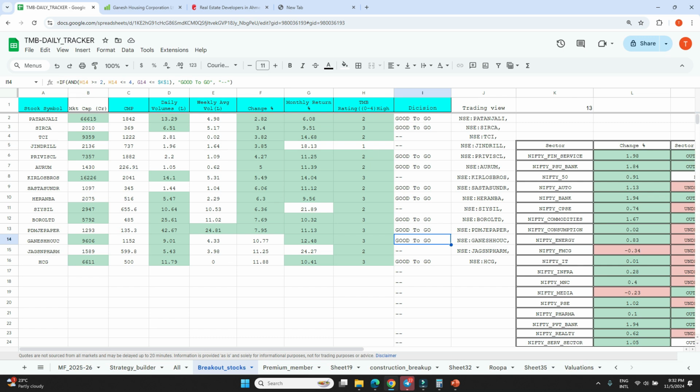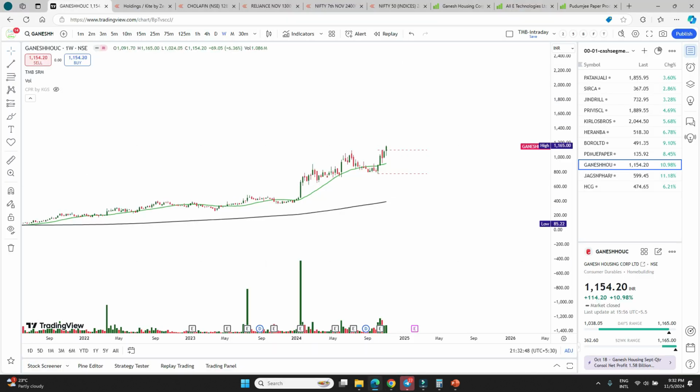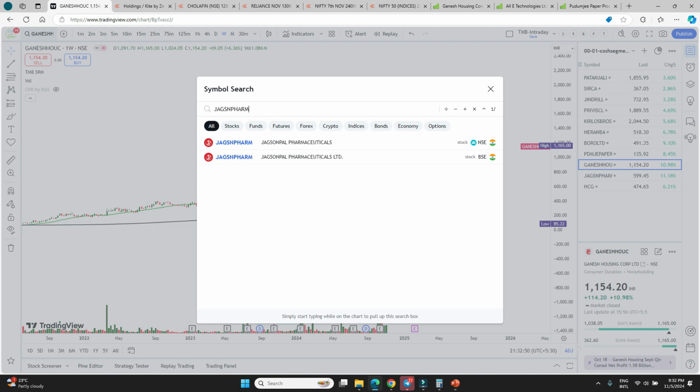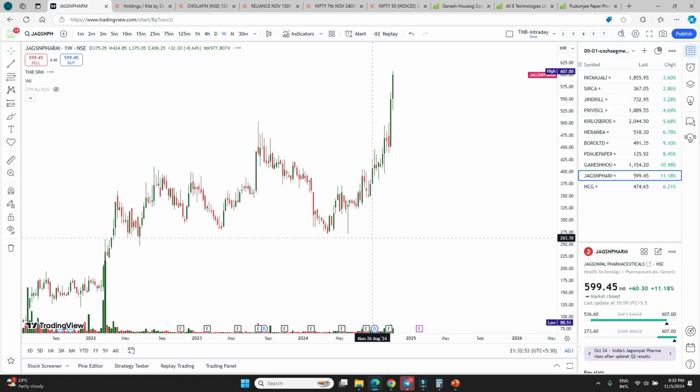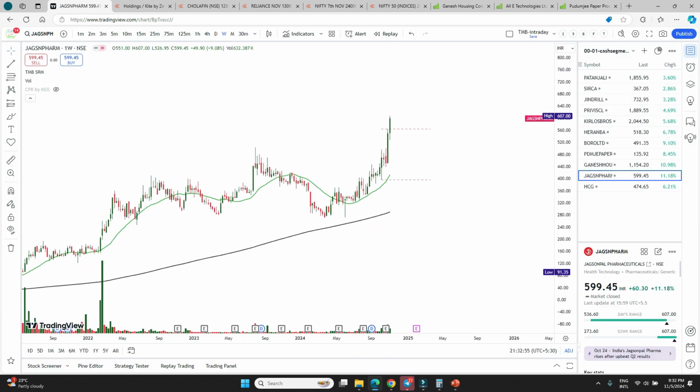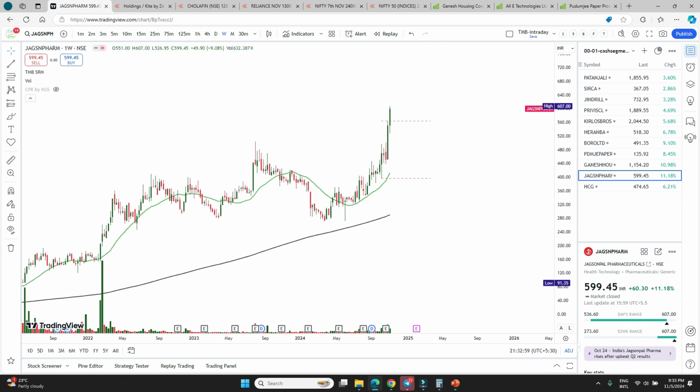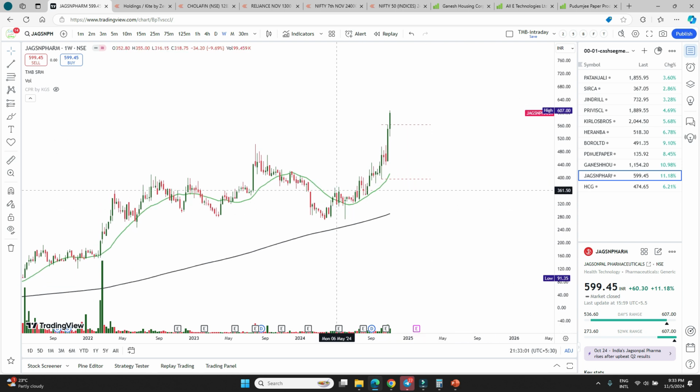If we see this stock, let me show you why this stock is not good. Even though it has the momentum, which I mentioned in the last video, that it was bullish in the pharma sector, why is this not good to go? Because it went up extremely, 21%, this 9%, 30% went up.